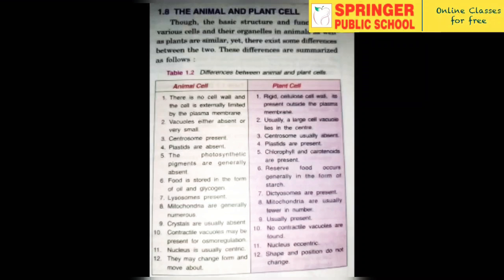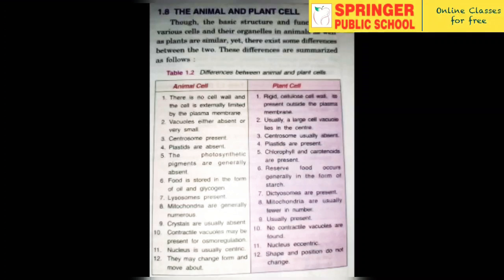Crystals. What are crystals? They are metabolic products like gums, resins, and other substances. You can see in various plants, gums and resins are often seen. They are usually present in the plant cell but absent in the animal cell. Contractile vacuole is a device present in the animal cell for water regulation, while in the plant cell this contractile vacuole is absent.